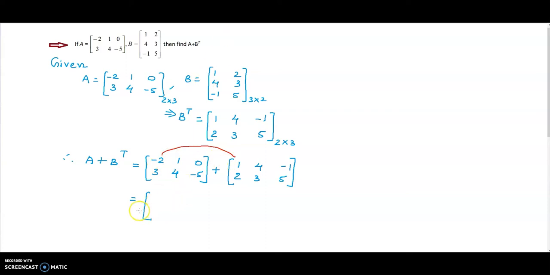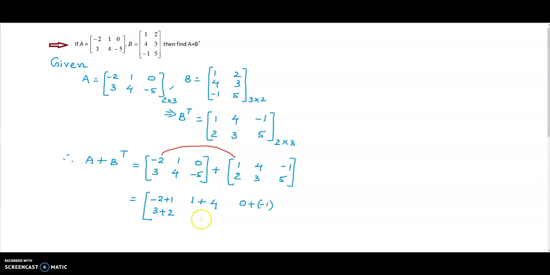So we need to add on the basis of corresponding elements, minus 2 plus 1. Then the second element of the first matrix is 1 plus the second element of the second matrix is 4. Third element of the first matrix is 0 plus the third element of the second matrix is minus 1. Same way, fourth element 3 plus the fourth element of the second matrix is 2.